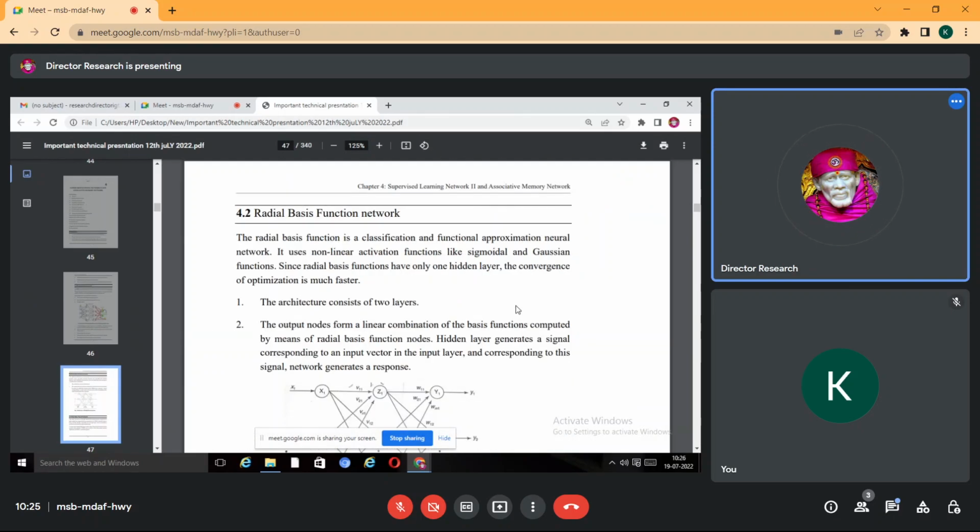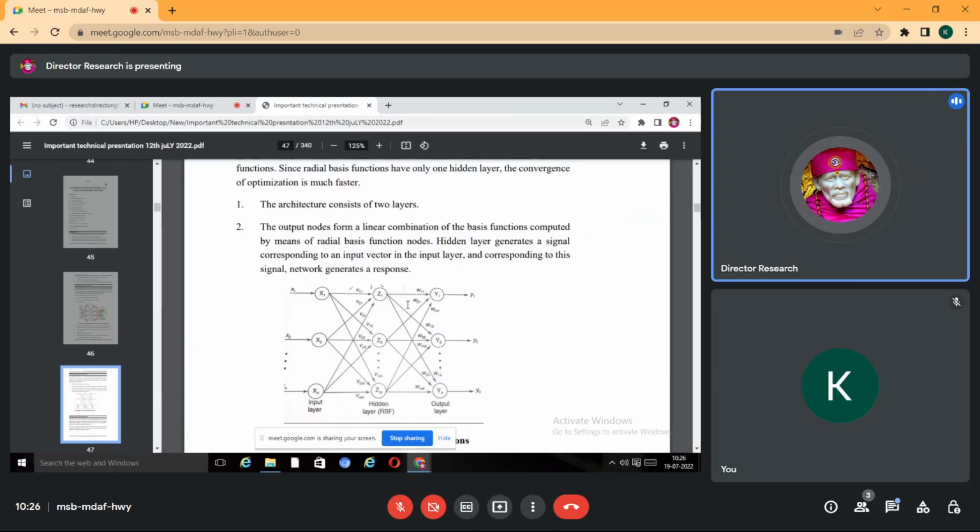Okay, radial basis function network. The radial basis function is a classification and functional approximation neural network. It uses nonlinear activation functions like sigmoidal and Gaussian functions. Since the radial basis function network has only one hidden layer, the convergence for optimization is much faster. The architecture consists of two layers.